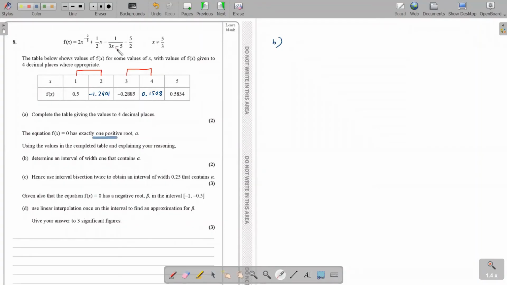If you look at this equation, you can see x is in the numerator for 2x to the power minus 2 over 3. Half x is also having x in the numerator. But do you see there's one fraction here where x is in the denominator? 1 over 3x minus 5. When x is in the denominator, and if any x value makes the denominator 0, that x value will actually be what?